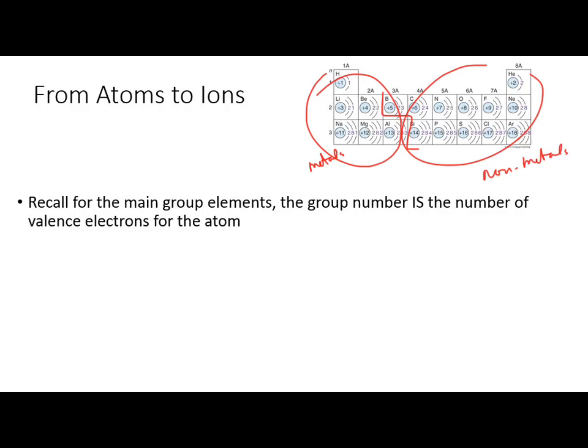We said just a minute ago that metals tend to form cations, and they will kick off, lose electrons, and nonmetals will form anions, and they will gain electrons.